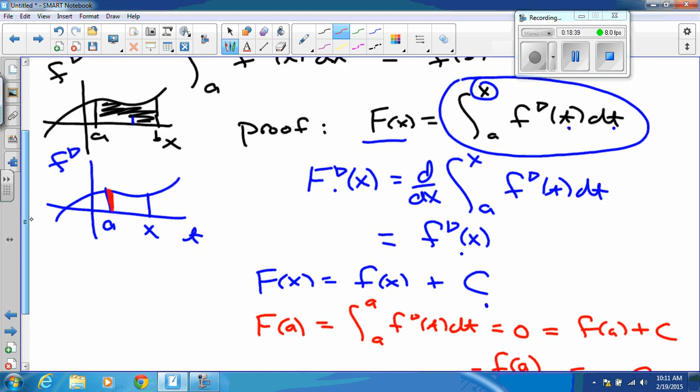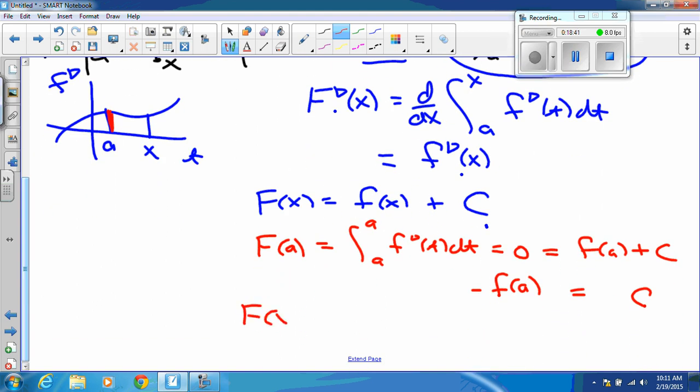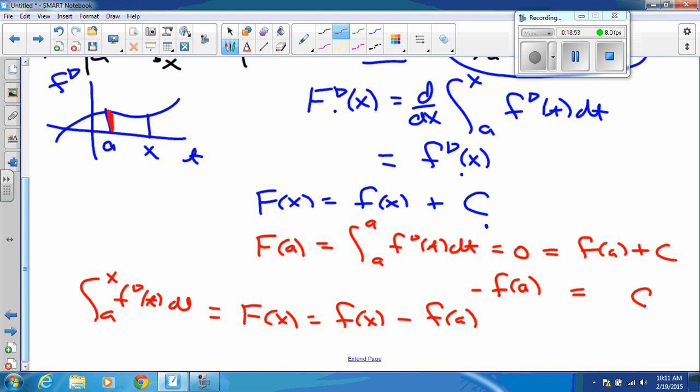Well, what does this mean? This means that I have big F of x equals little f of x minus little f of a. In other words, the integral from a to x of f prime is equal to f of x minus f of a.